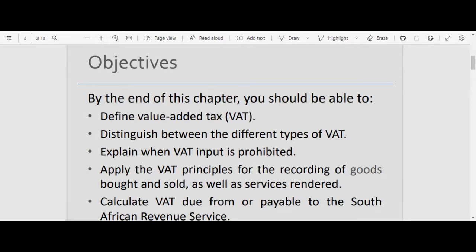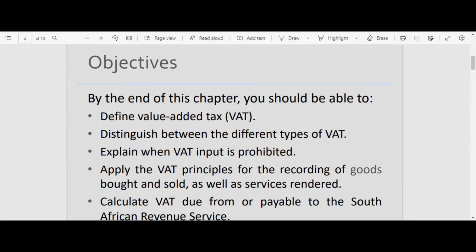So value added tax is an indirect tax, brackets, transactions tax on the supply. I'm stressing the word supply because it appears in every second section of the Value Added Tax Act. On the supply of goods and services. Right, so that is going to be our definition.